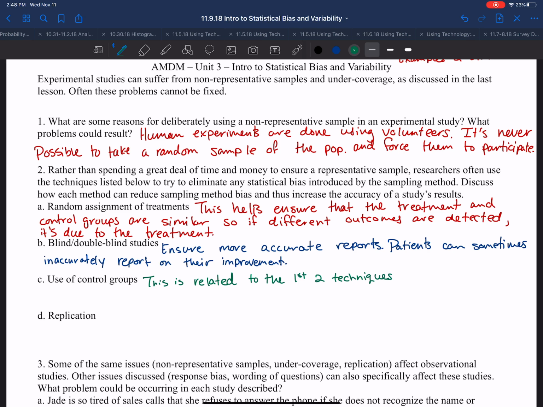And improves result accuracy. Now, randomly assigning participants to receive a fake treatment helps control the placebo effect. So I'm just going to write helps control placebo effect.